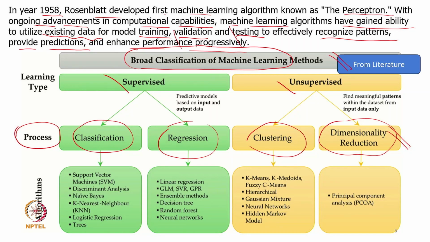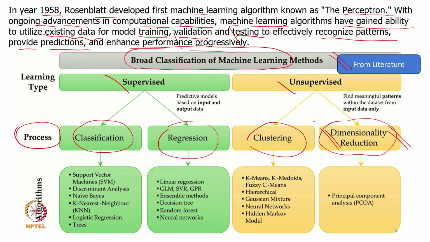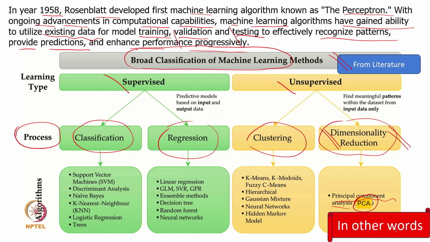We try to minimize the dimension. That's what we call dimensionality reduction. Principal component analysis is the name given, and it is again available in MATLAB, again widely used. However, in this literature, they use the word PCOA. I don't prefer to use this one, and we will be using the word PCA, principal component analysis. We don't use PCOA, right?